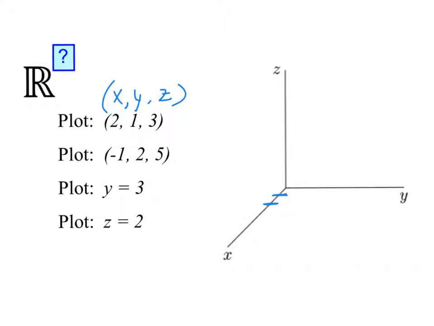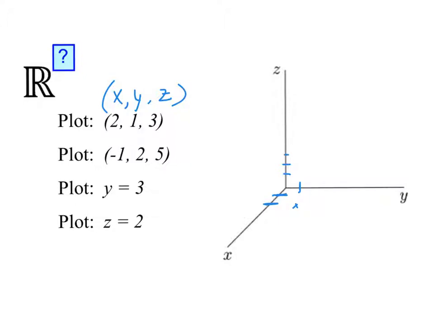Then we go 1 unit out in the Y direction. So we're right here right now. Okay, 2, 1. And then what makes it a little tricky is then we go up 3 units. So essentially, you're saying, well, I went out 2, over 1, and then up 3 units. And again, the difficult part of this is you say, well, how do you draw that?